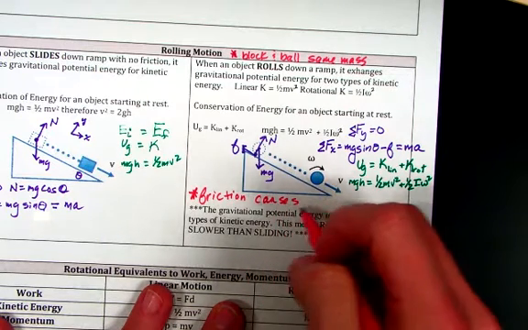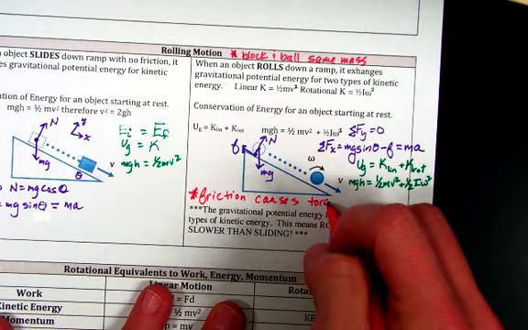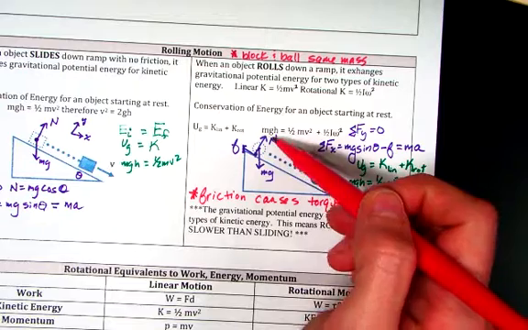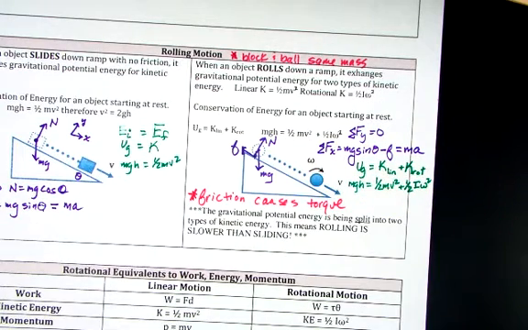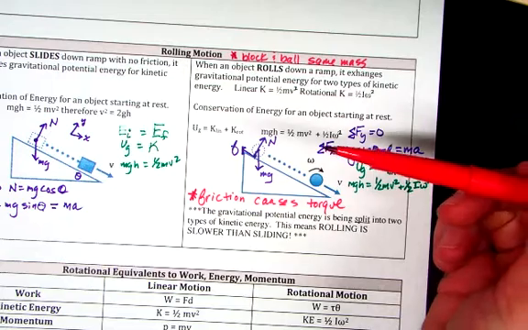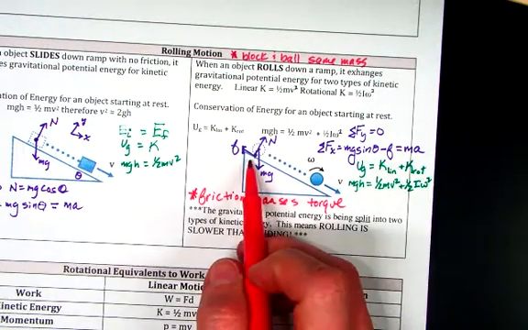Now that's important, because if we were trying to figure out why this ball has angular acceleration, you do need to know that friction is the reason why, because we have two other forces. But if we're trying to calculate torque, we're not going to be using the weight force, and we're not going to be using the normal force to calculate it. We're only going to be using the force of friction.